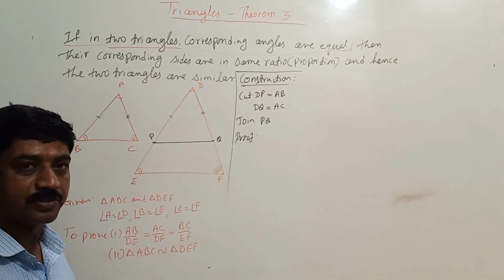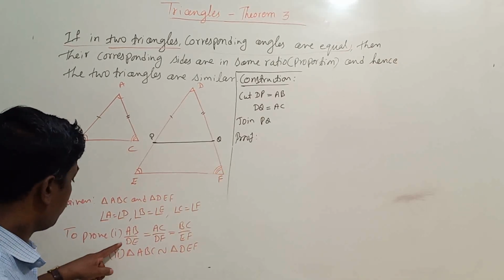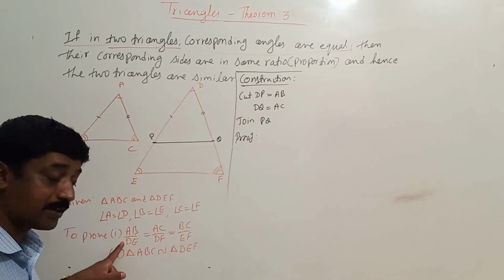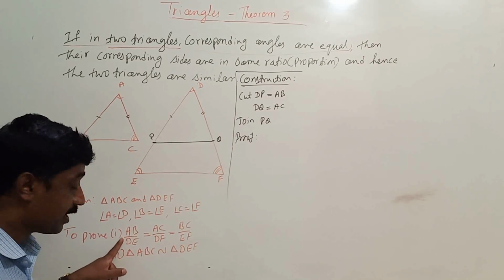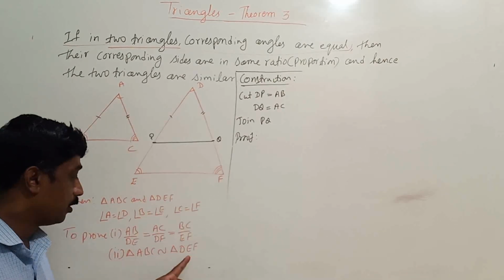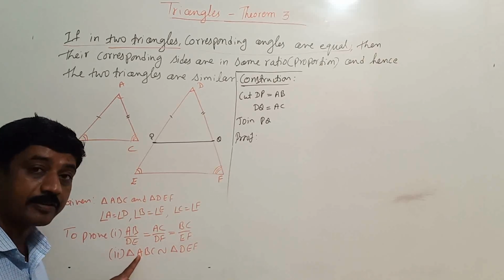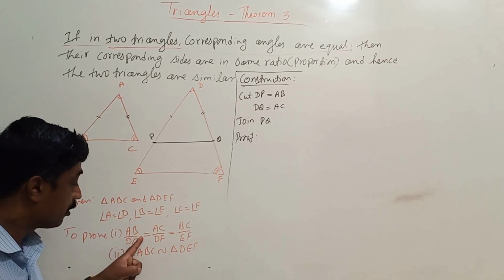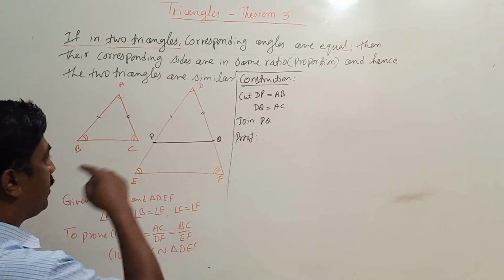I need to prove that first. Then the things become quite easy. What I'm trying to prove? The corresponding sides are in the same ratio. That first I need to prove. If I prove this by SSS similarity criteria, both the triangles are similar. If I prove this, this is also done, right? So let us try to prove this one here. Got it? Now, let me proceed with it.